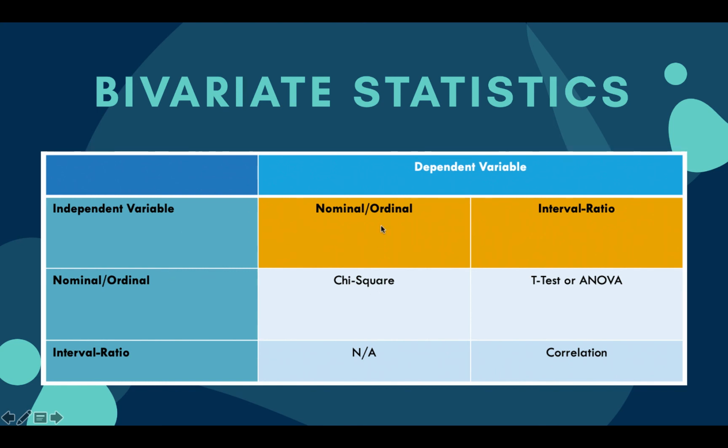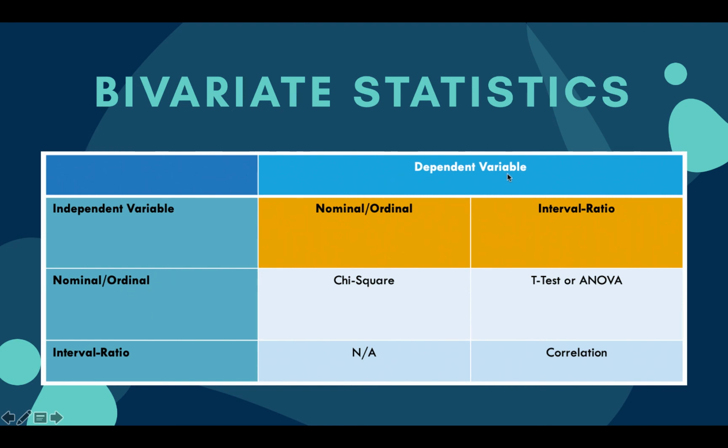If we have an interval ratio y variable, or dependent variable, and a nominal or ordinal independent variable, so an x variable that is nominal or ordinal, then we use a t-test or an ANOVA, right? So this is basically the group to which someone belongs, right? You are either Democrat or Republican or independent, right?